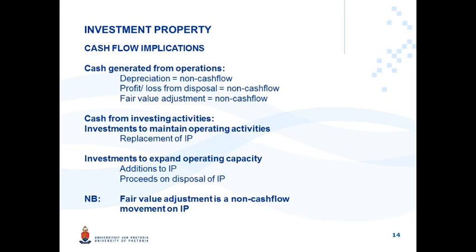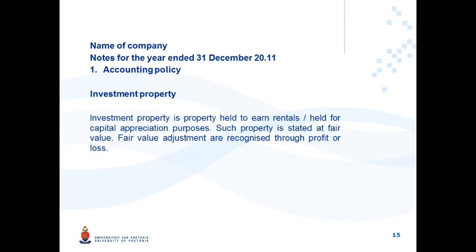The replacement of investment property will fall under cash from investing activities as investments to maintain operating activities. Additions to investment property and proceeds on disposal of investment property will fall under investments to expand operating capacity. Please note, fair value adjustment is a non-cash flow movement on your investment property account.